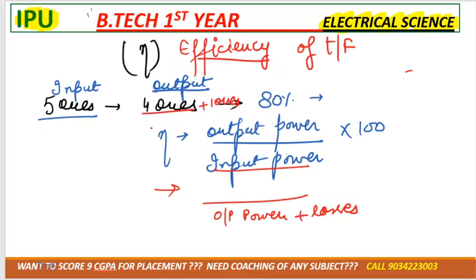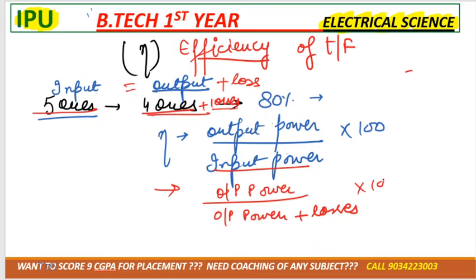Whatever input energy you give will be converted into output, plus there will definitely be some losses, right? 5 questions is your input, 4 questions is your output, and 1 question is the loss. So we get this formula: input is equal to output plus losses. Now we'll write down output in terms of output power only.